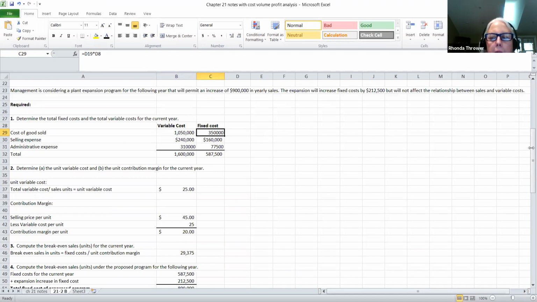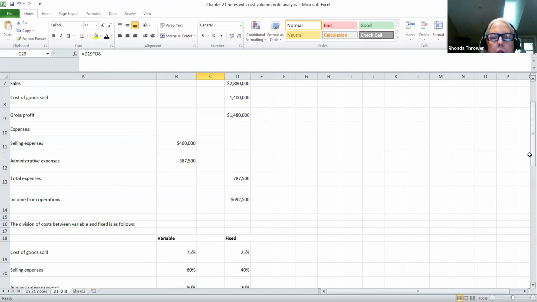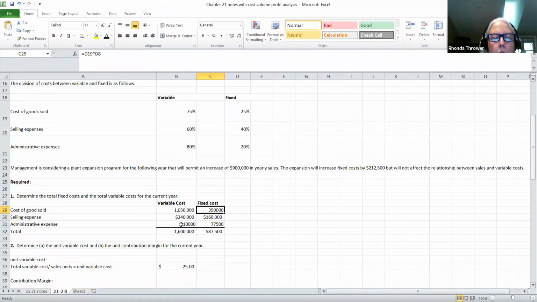We're going to do the same thing for our selling expenses. We're going to take the variable percentage, 60%, and multiply it by the selling expenses, which were 400,000. So our selling expense variable cost percentage is 60%.